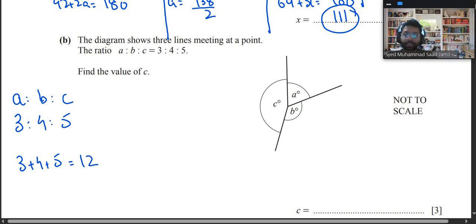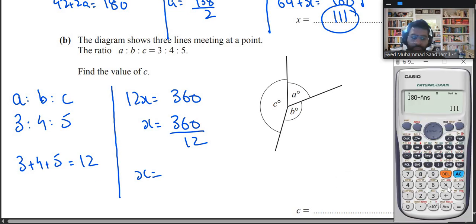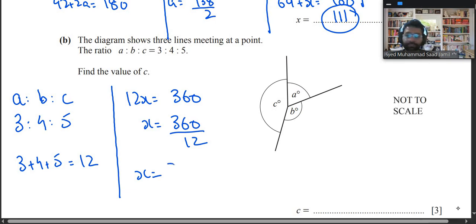Alright. Now this is a whole circle and a whole circle is equal to 360 degrees. It means let's call this 12x. 12x is equal to 360. X is equal to 360 divided by 12. X is equal to, I guess, 30, but let's be sure. 360 divided by 12, yeah, 30.